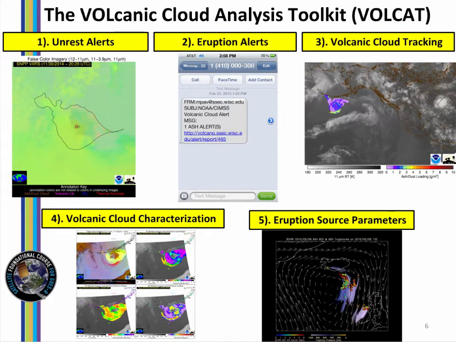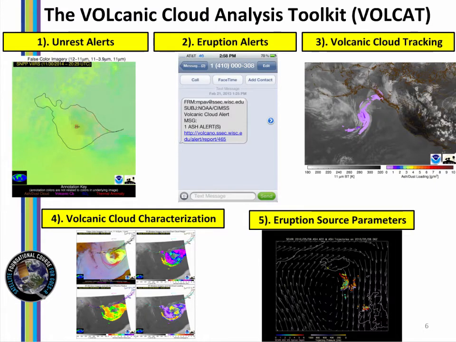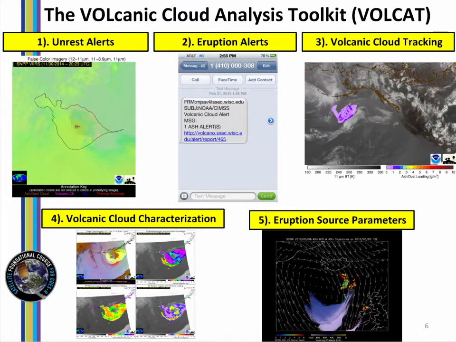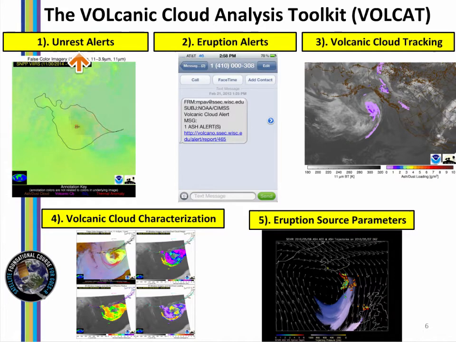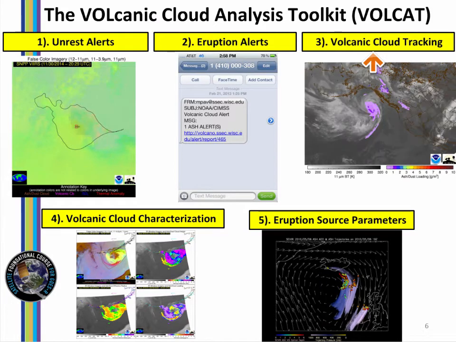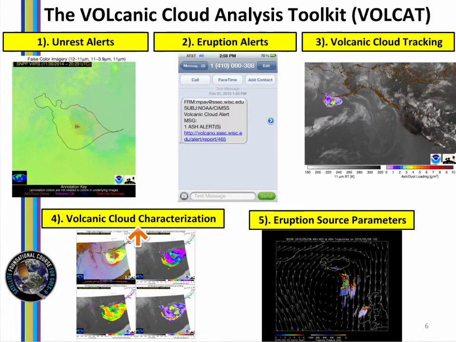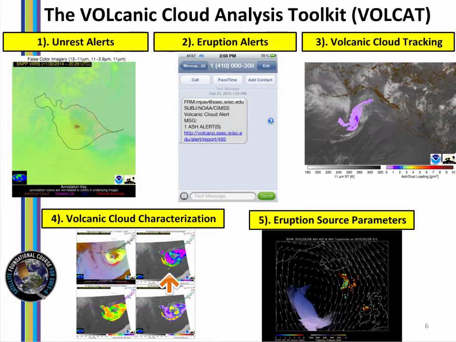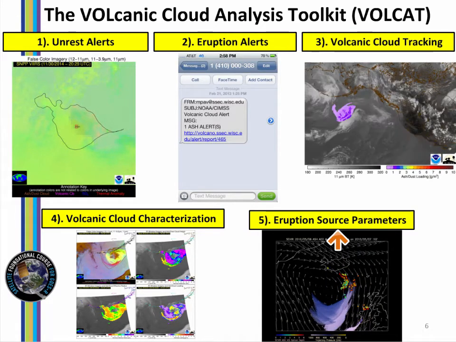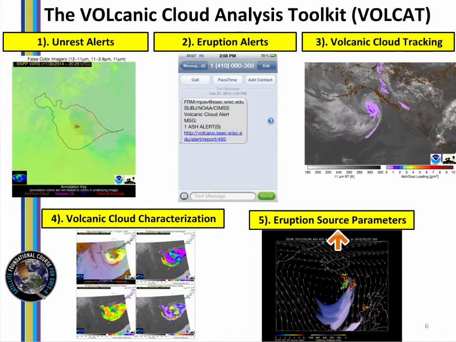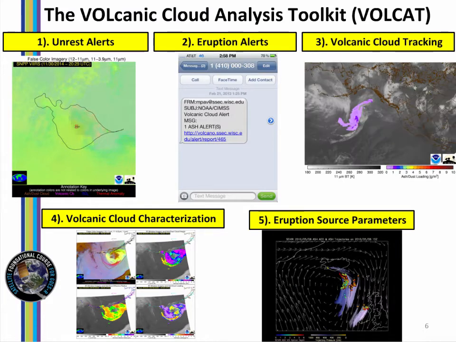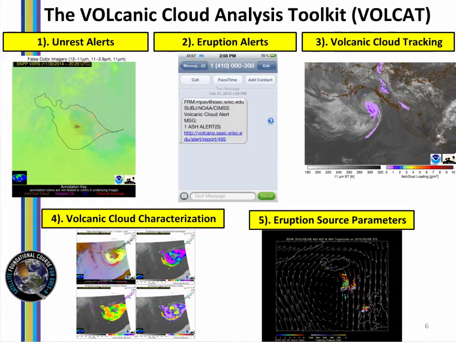VOLCAT is the result of many new innovations that have been developed since, and includes more advanced applications including volcanic thermal anomaly alerts, volcanic eruption alerts, volcanic cloud tracking, volcanic cloud characterization, both ash cloud height and mass loading, and the generation of key parameters needed to run and validate dispersion models. The baseline algorithm was finalized to allow development of the GOES-R ground system. VOLCAT now directly addresses operational needs.